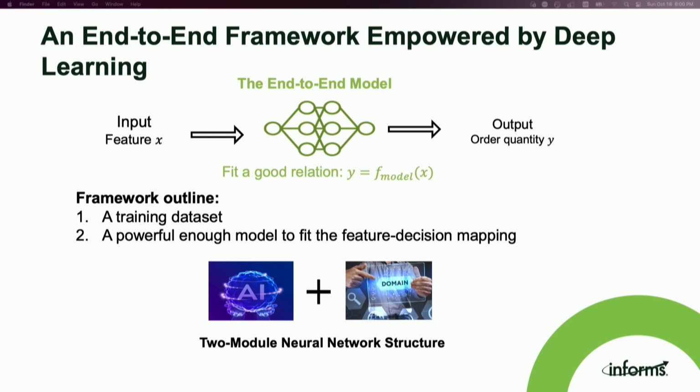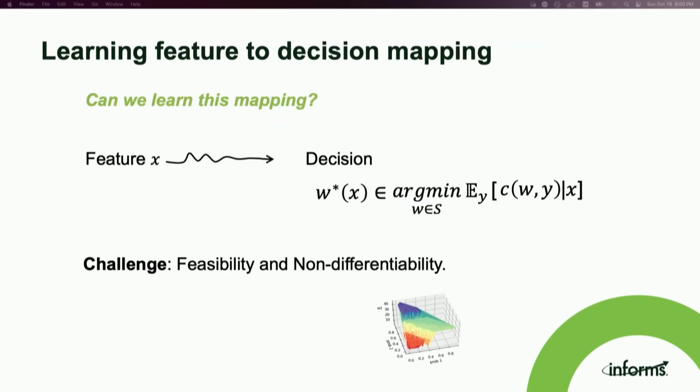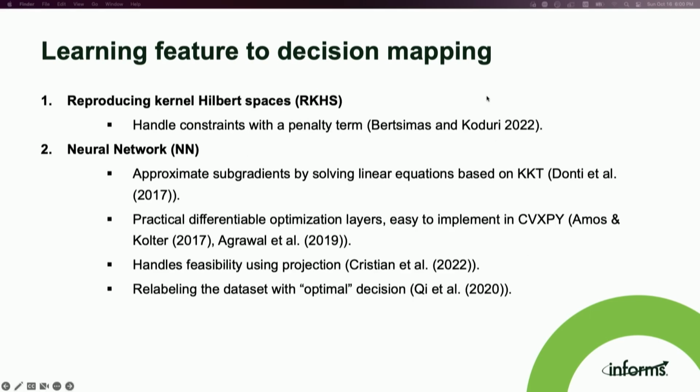So it is not a big problem here, but as I mentioned earlier, what you just mentioned is the number one challenge if we want to learn the feature to decision mapping. There are multiple attempts in the literature that try to overcome this, and I've summarized them on this slide. So there are multiple ways.